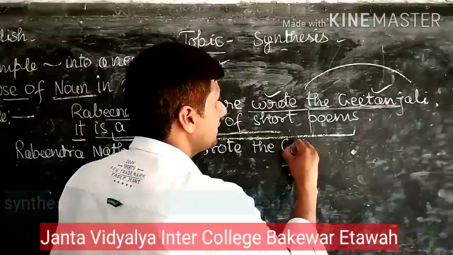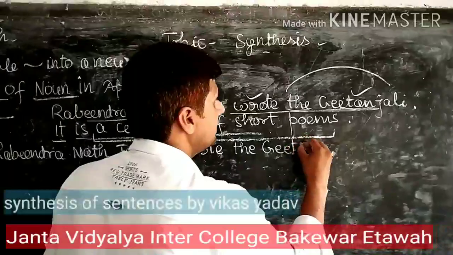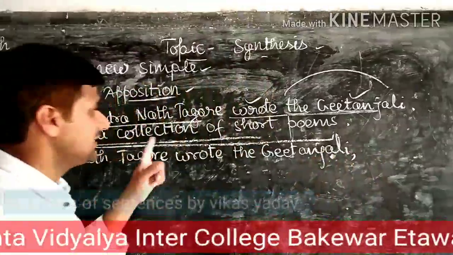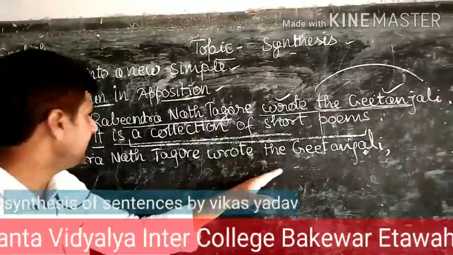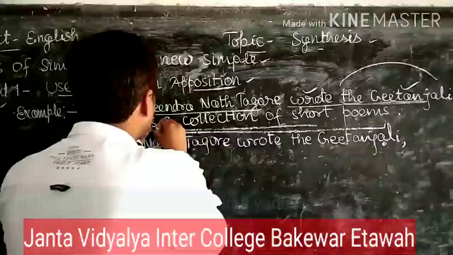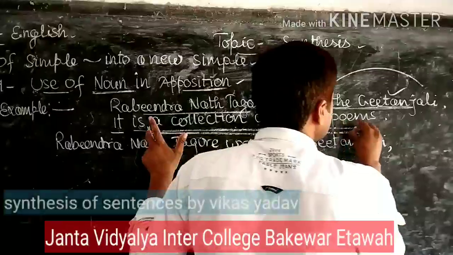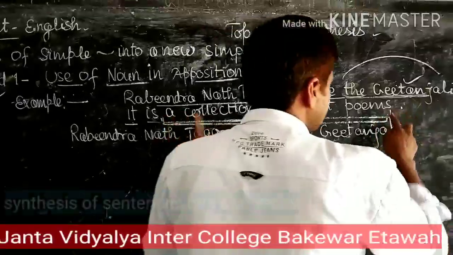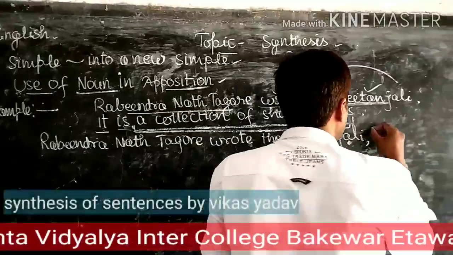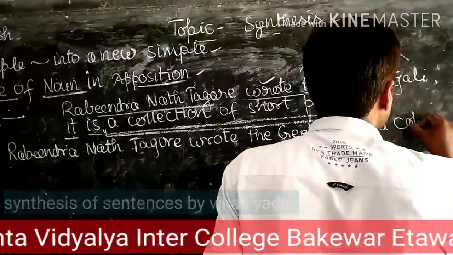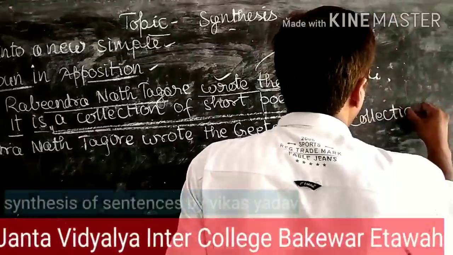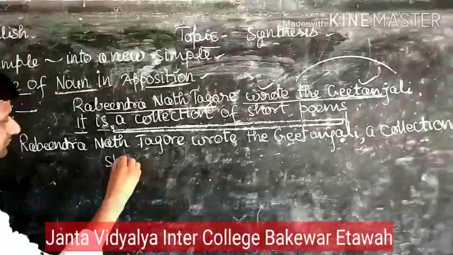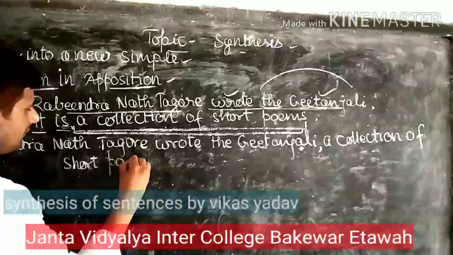As we know, we are talking here about the Gitanjali, and in the next sentence this proper noun Gitanjali is being described by this phrase, and this phrase is a noun phrase. Now if we use this noun phrase with this noun Gitanjali, a collection of short poems.